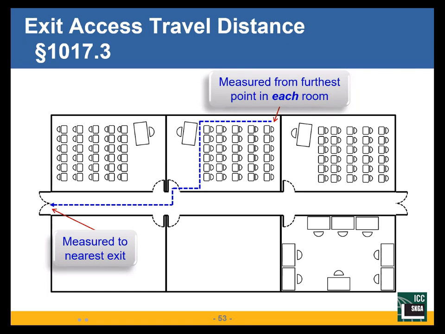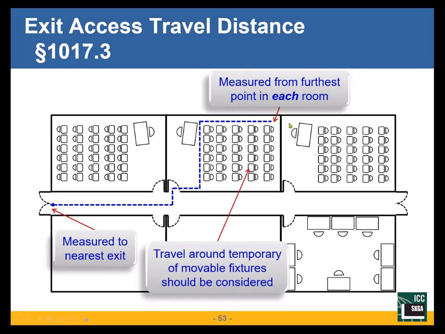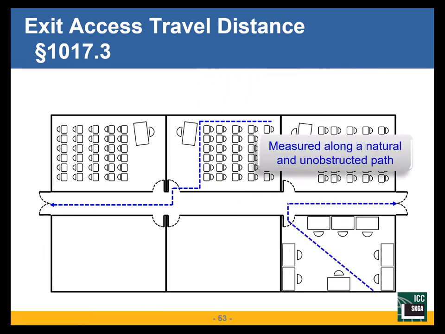And we talked about the way that I was measuring, 90-degree turns. 90-degree turns will allow you, because when you look at this on a set of plans, it's probably just an empty room. You see 4 walls. That's my classroom. This will allow you to maneuver around those objects. What the code says, it says you can measure along a natural and unobstructed path.